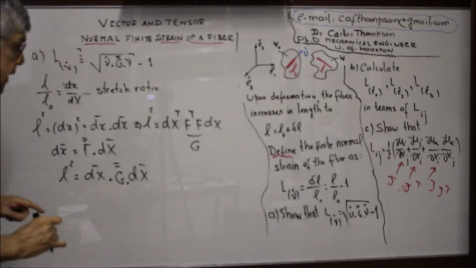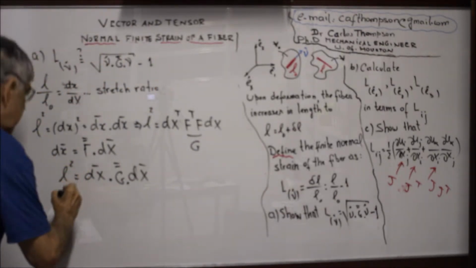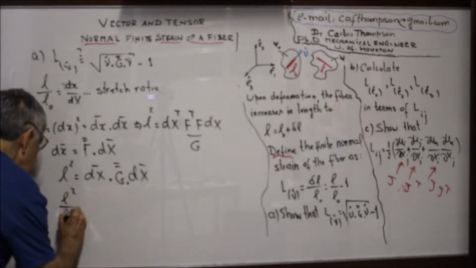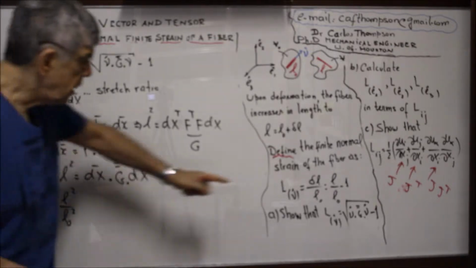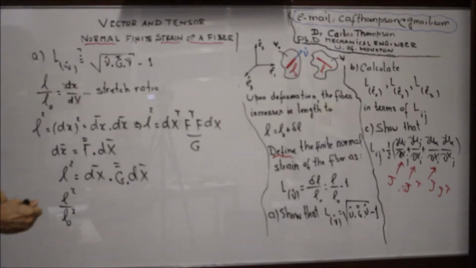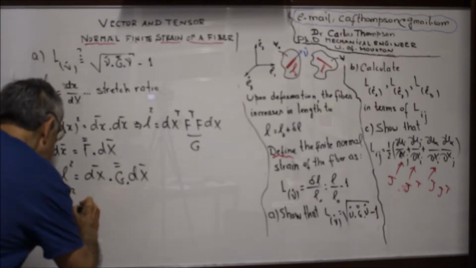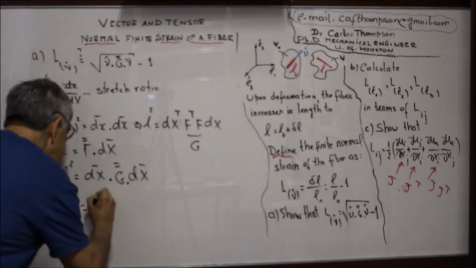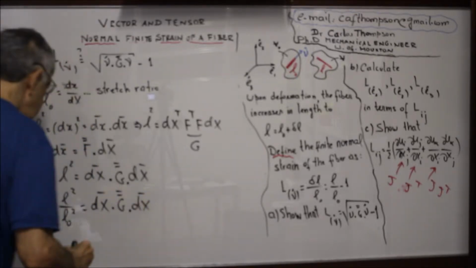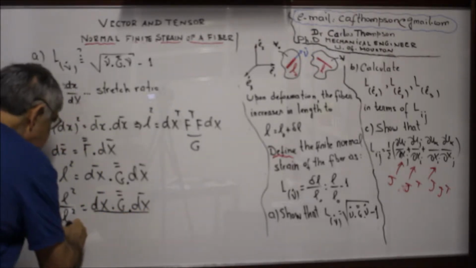Now, let's calculate L square divided by L0 square. You see, because L divided by L0 is the stretch ratio, this is the square of the stretch ratio. So this will be equal to dX dot G dot dX divided by L0 square.